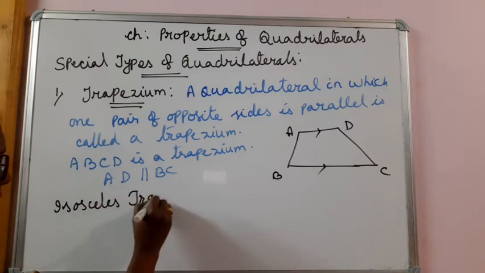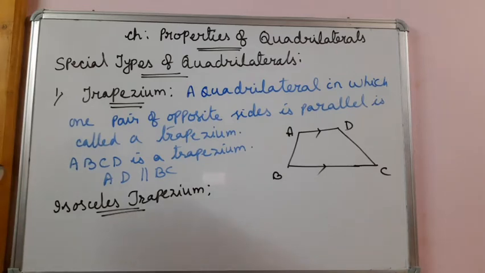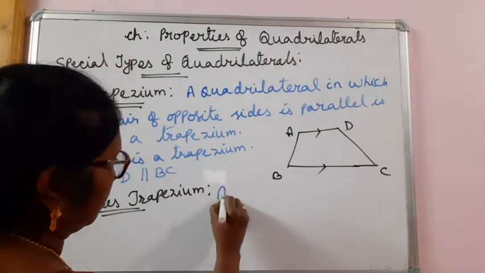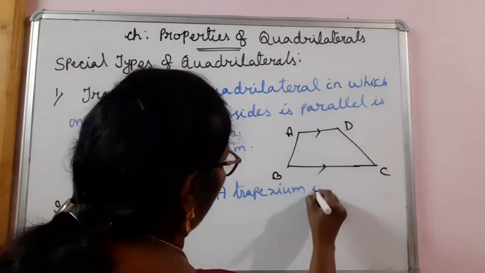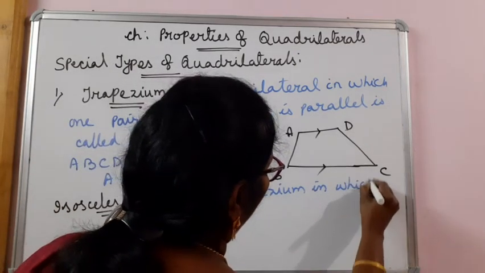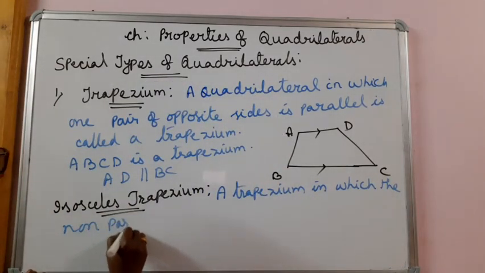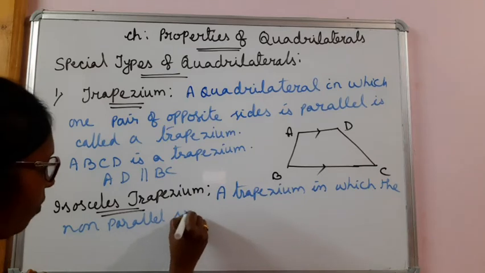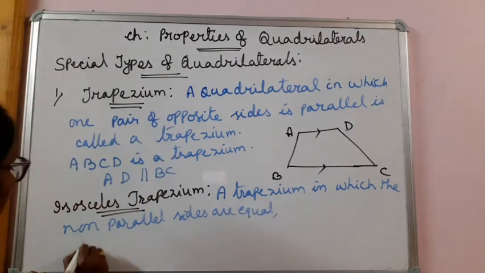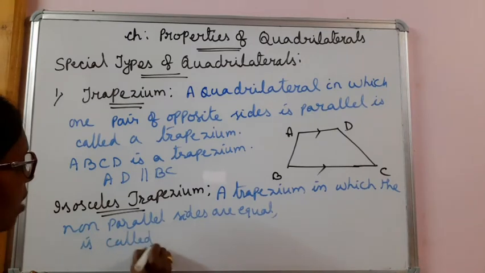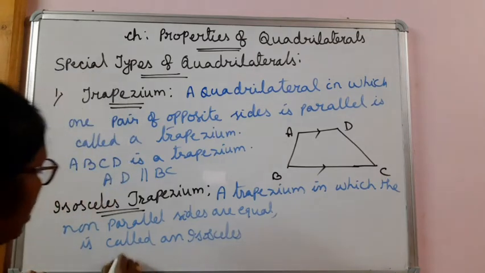Then what is an isosceles trapezium? Isosceles means a trapezium in which the non-parallel sides are equal is called an isosceles trapezium.